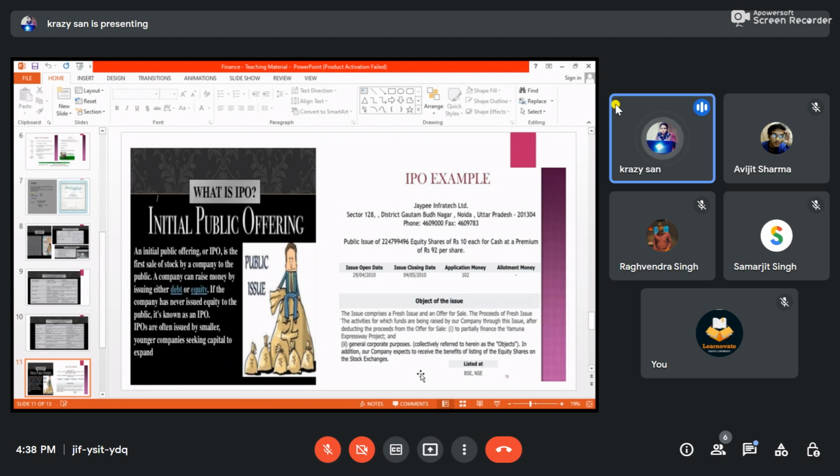One person can take 10 shares, or they limit the shares also. IPOs are mostly preferred by smaller and younger companies, like startup companies.